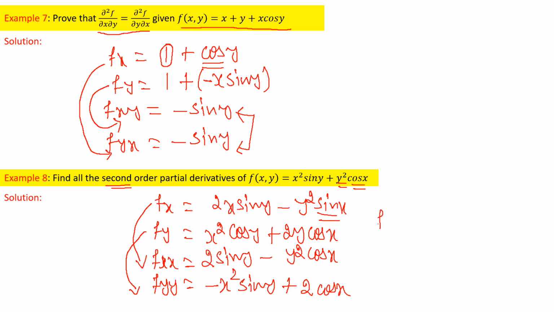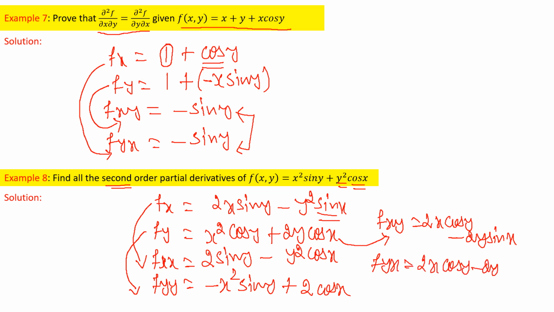And finally, we have to calculate fxy. That means take the result of fy, differentiate with respect to x. So this will give you 2x cos y minus 2y sin x. We know that fyx is also the same, 2x cos y minus 2y sin x.